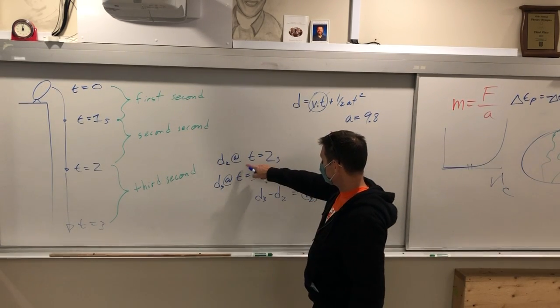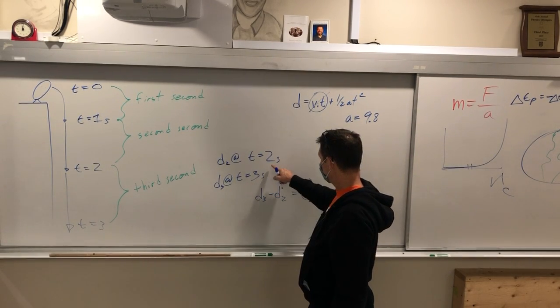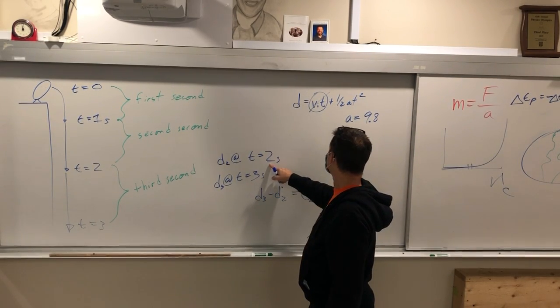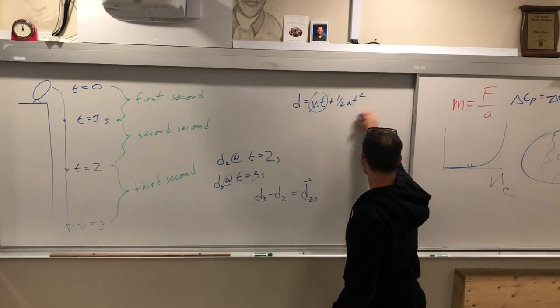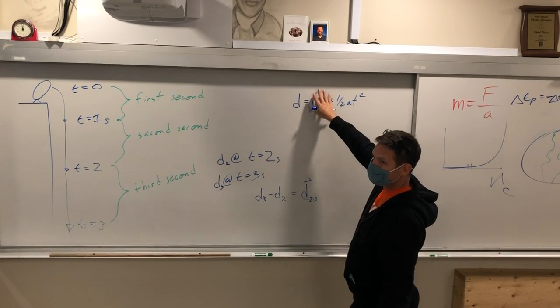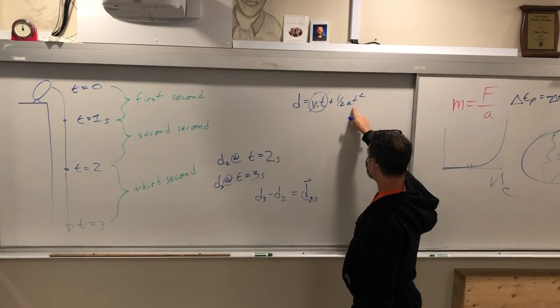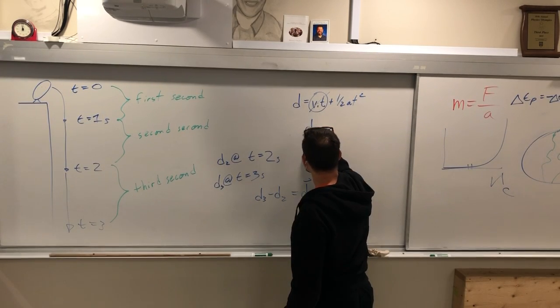Okay, so how do we find d2? We're going to use this, yeah? Vi is 0, so the Vi t is gone. And you're going to punch in a 2 there, okay? So, well, let's find d3 first.